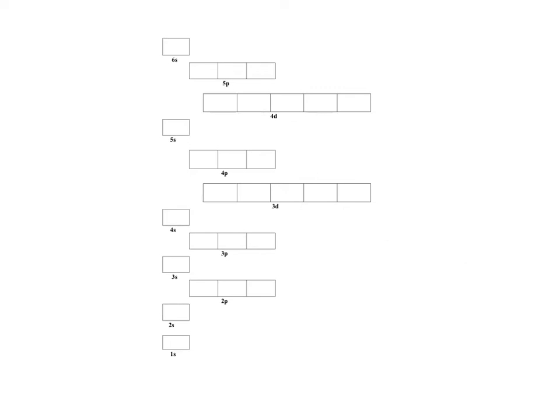The first one I'm going to look at is hydrogen. Hydrogen has an atomic number of one proton, which means that in its ground state, it only has one electron. So its lonely electron needs to find somewhere to live in this diagram of orbitals.